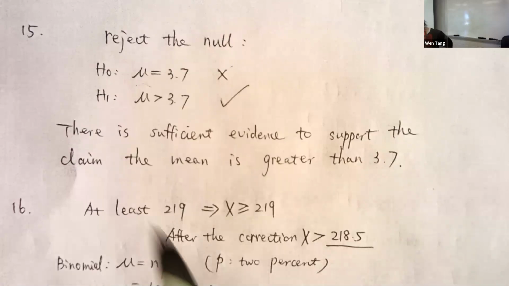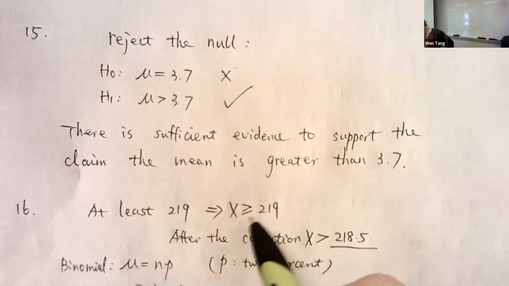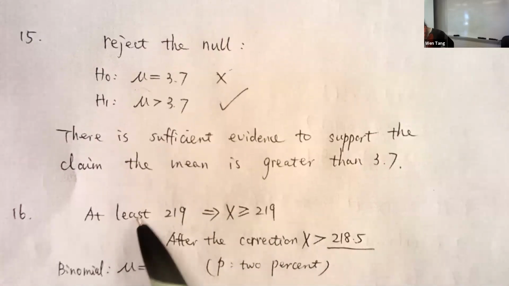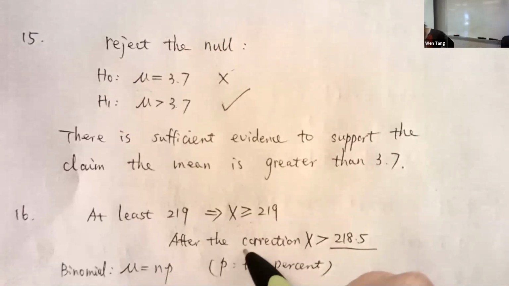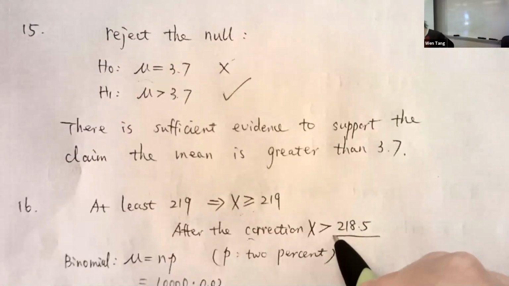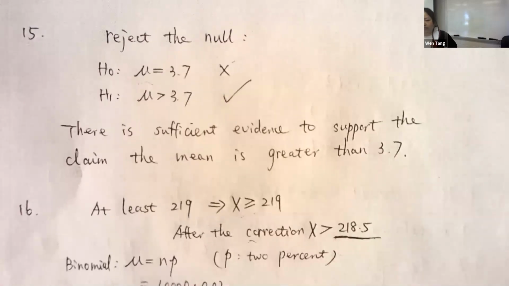So first, we translate at least 219 to x is greater than or equal to 219, right? We only do the translation. After that, we will do the correction. We will get this value, x greater than 218.5.